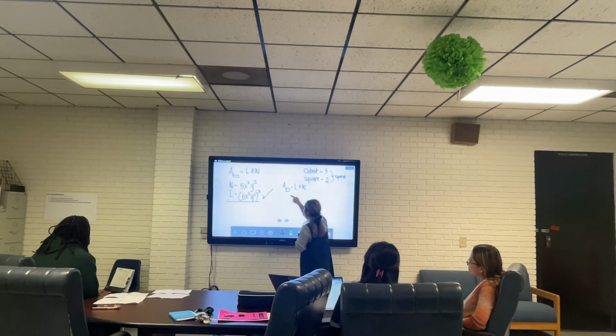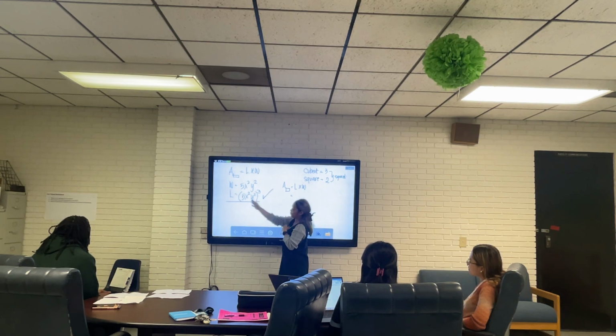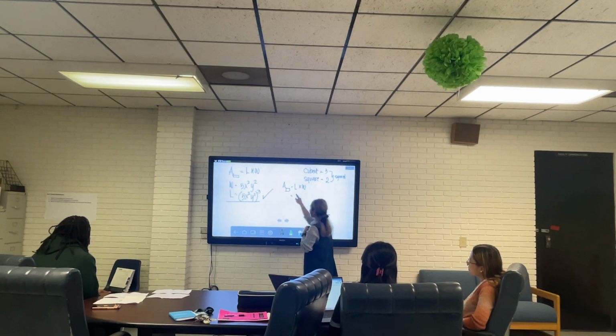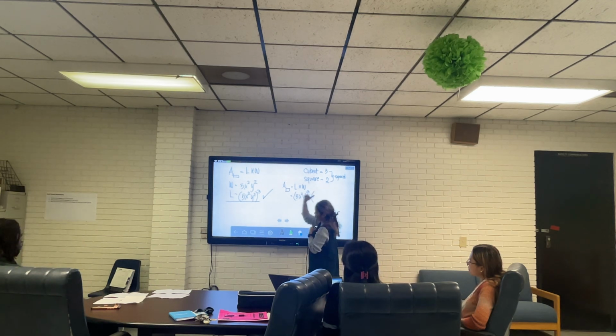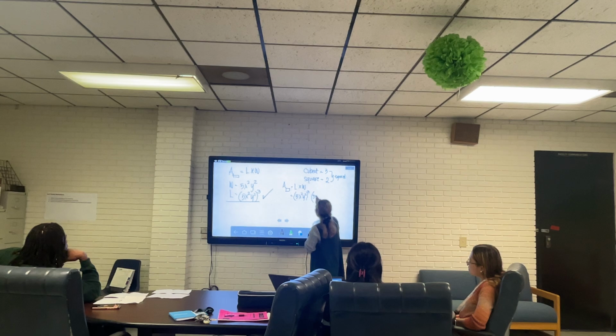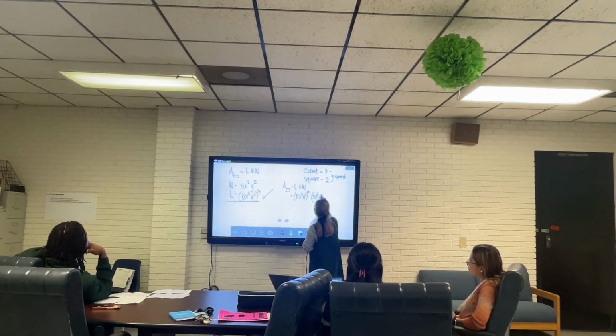And then this time, you need to substitute or replace what is your L and what is your W. So go back to what are the givens. So here, the length is 5x squared y squared cubed multiplied by the width, which is 5x squared y squared.